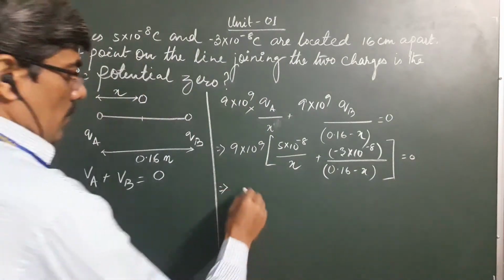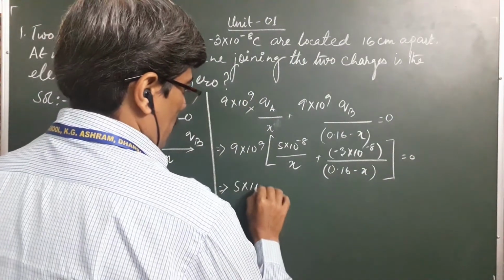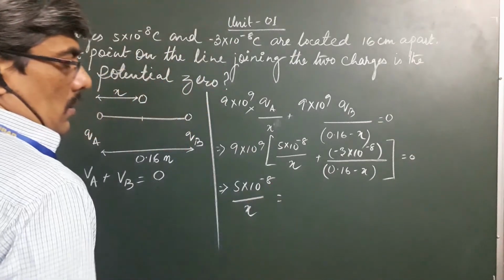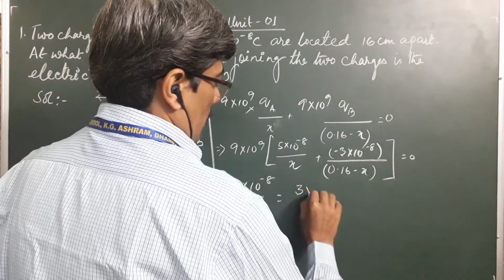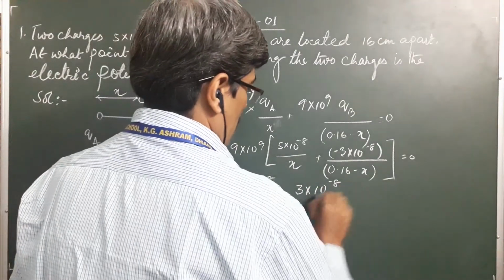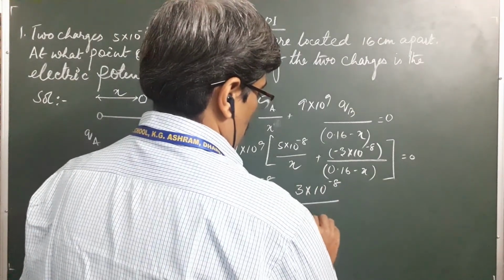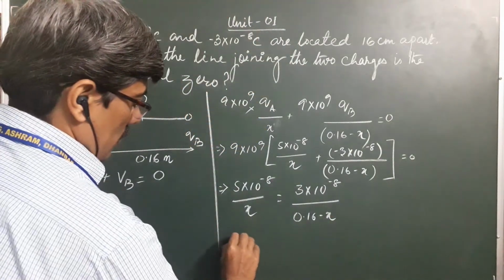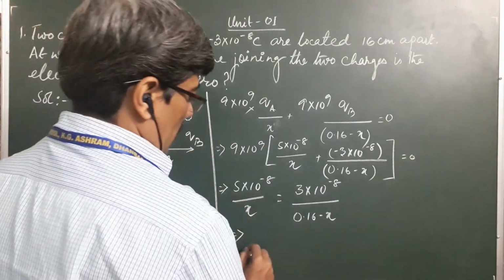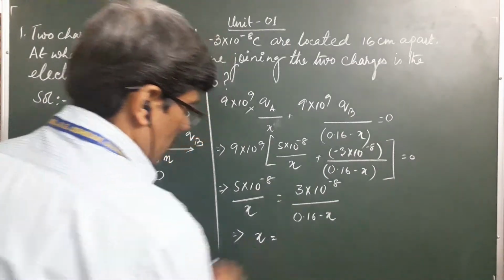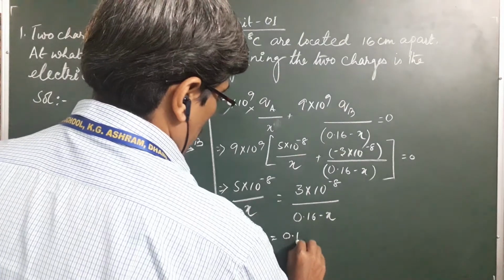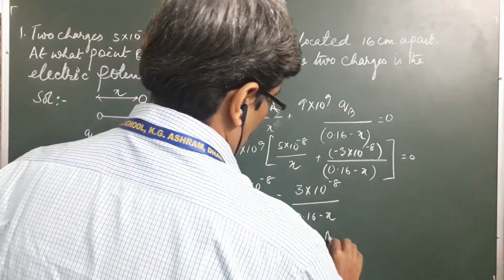If you continue solving, 5 × 10^-8 by x is equal to 3 × 10^-8 by (0.16 - x). If you solve this, you will be getting the solution directly. x equals 0.1 meter.